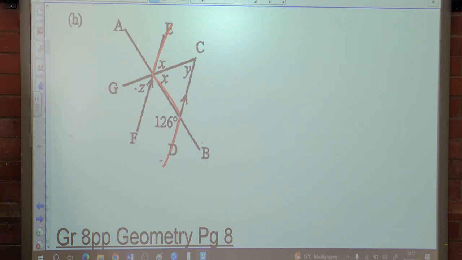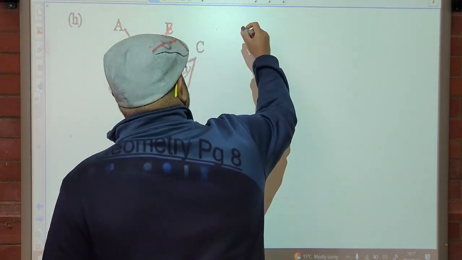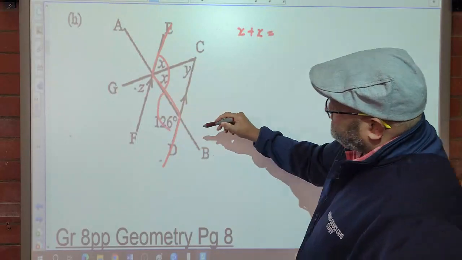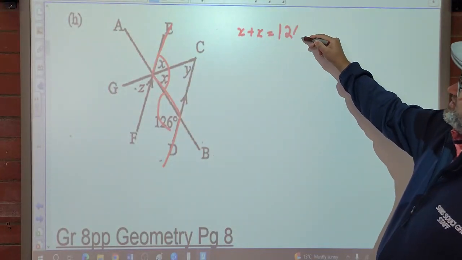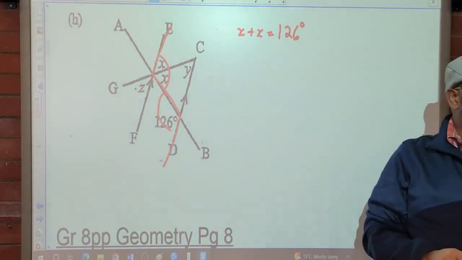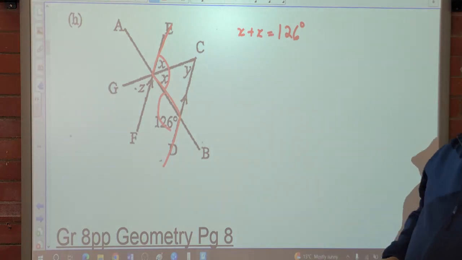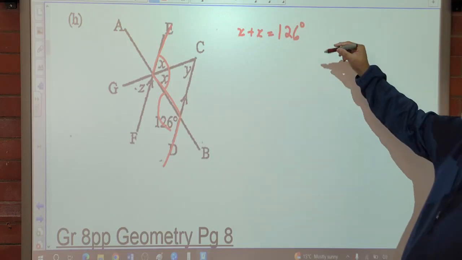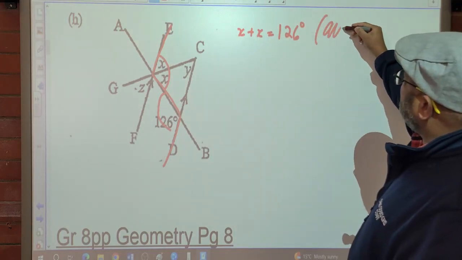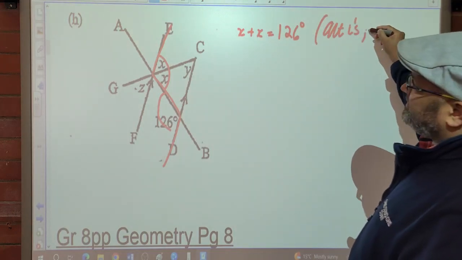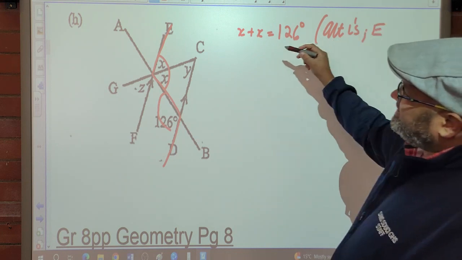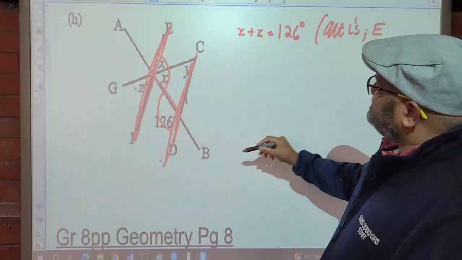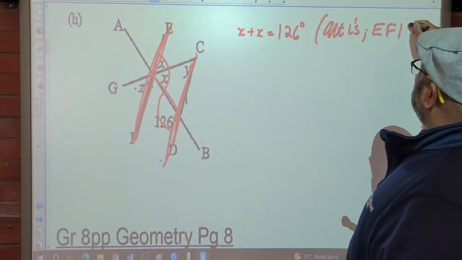Can you see that, people? So in other words, X plus X, which is 2X, is equal to 126. Why? Alternate angles with EF parallel to CD.